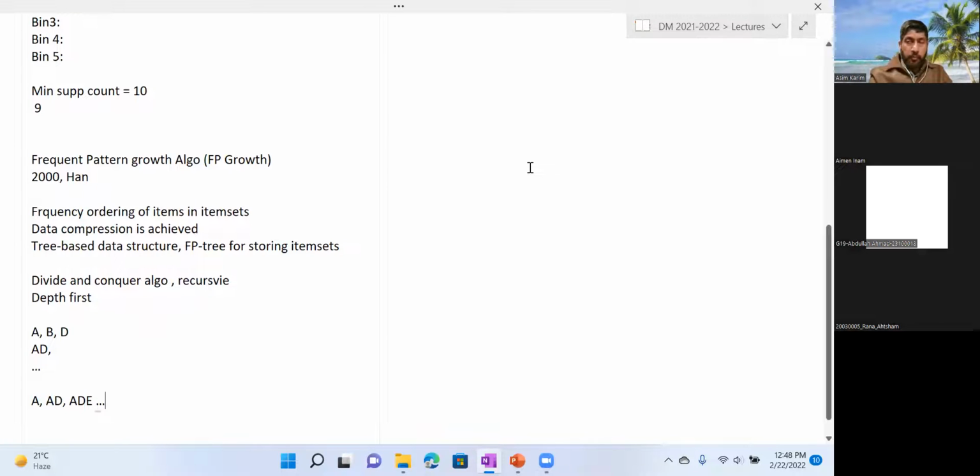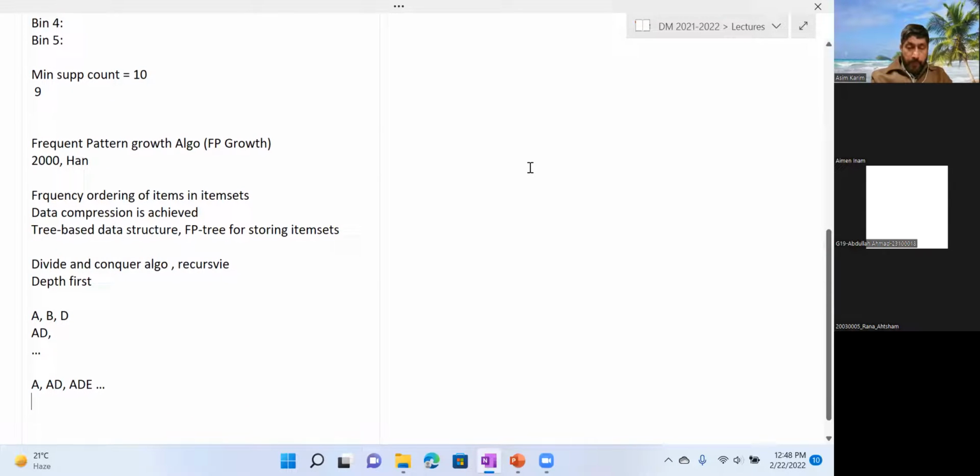So it will complete this path first, and then go back to B, and then C, D, and so on. So this is depth first. These are some of the ideas used in the FP growth algorithm.